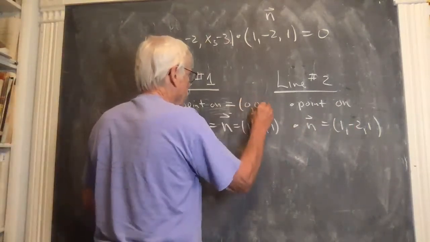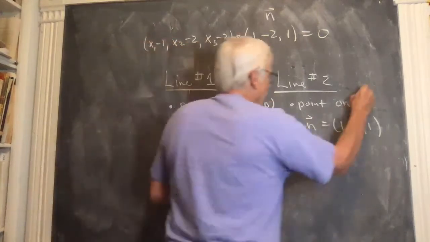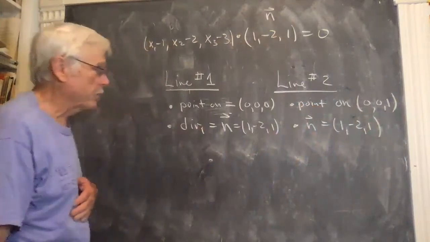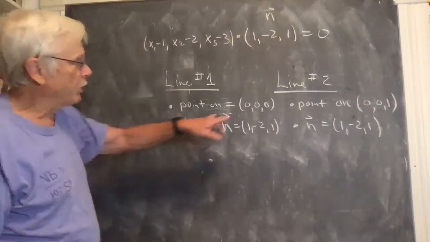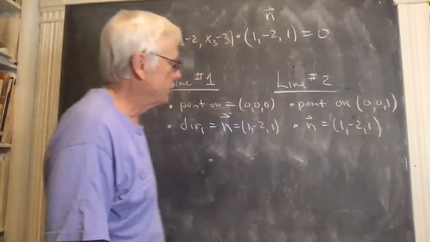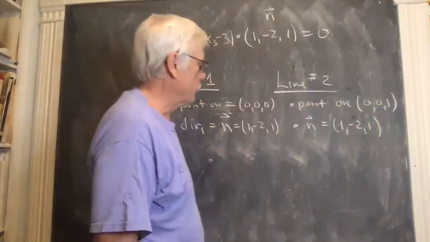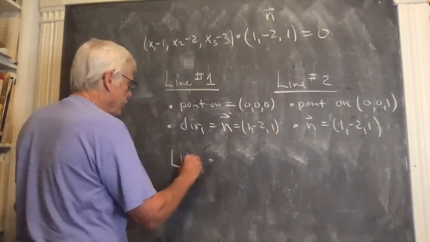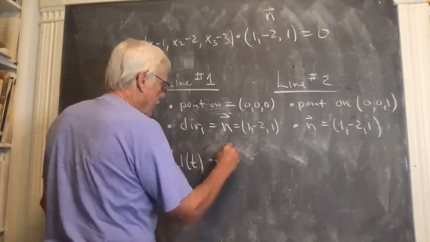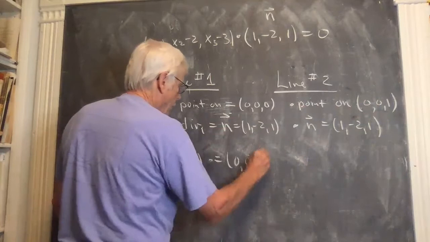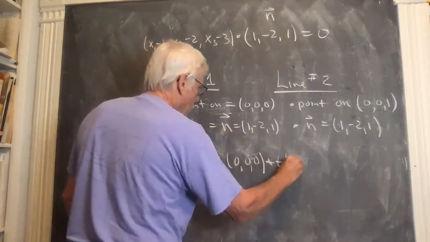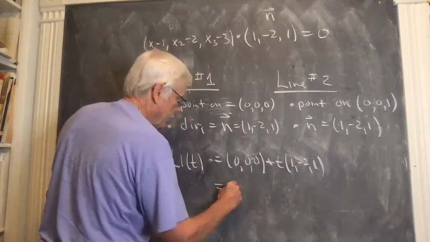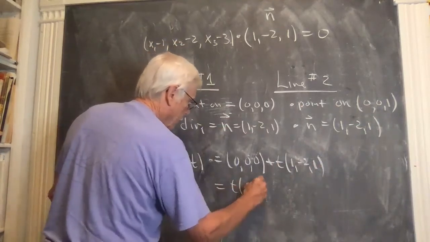Let's take an easy one here, (0, 0, 0) and (0, 0, 1). So these will be parallel lines, and they will not be the same line because of the points that I've chosen. Have to be a little careful there. The first line, L1 of t, will be the point on (0, 0, 0), plus t times (1, -2, 1). So it is the equation t times (1, -2, 1).